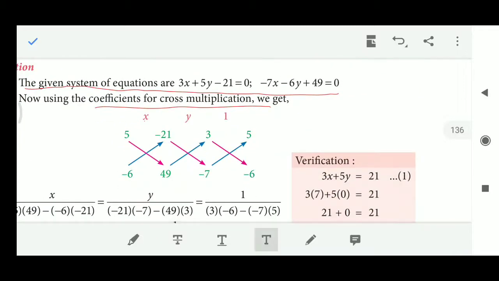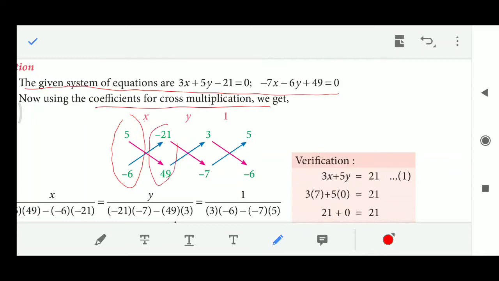You have to start from the y coefficients, that is 5, minus 6, then minus 21, plus 49, 3, minus 7, again 5 and minus 6.